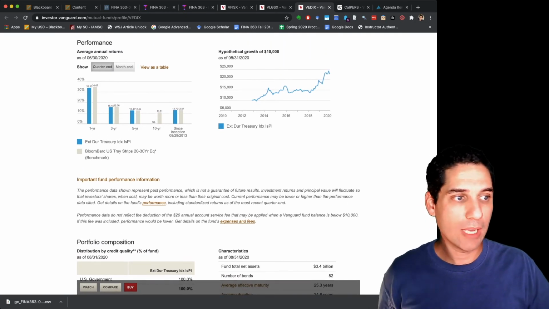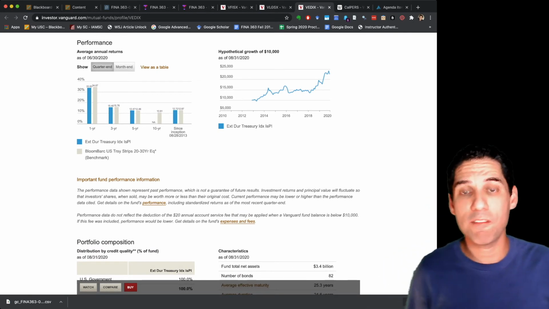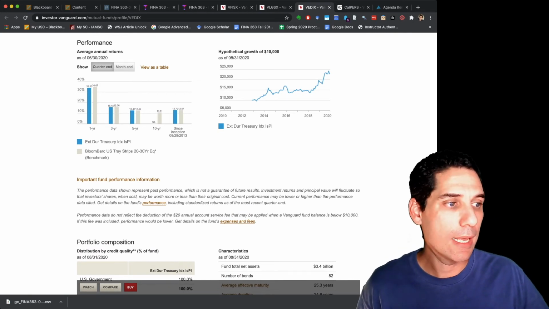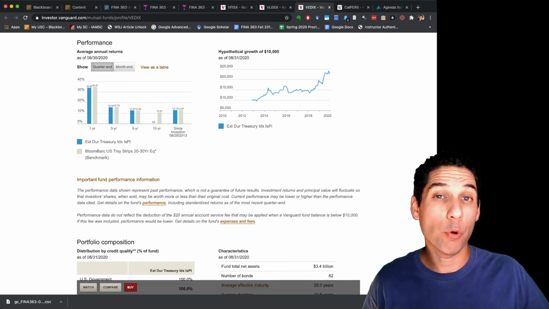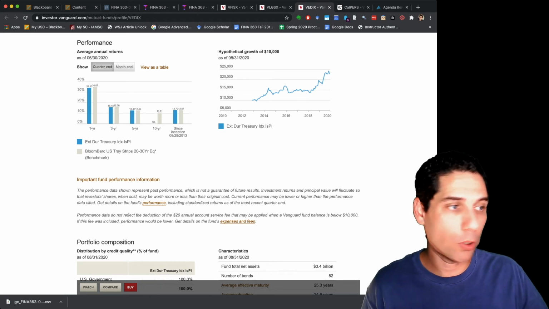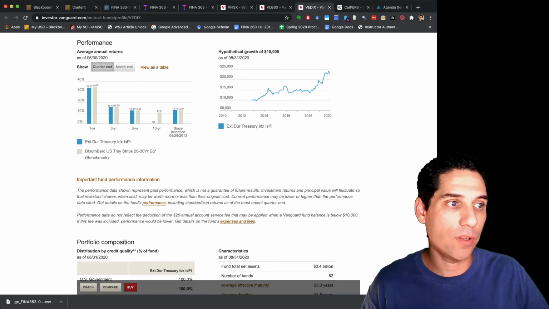So if you look at the performance of this bond fund, it's quite eye-opening. Over the last 1 year, this bond fund gained a value of 33%. So the return over the last 1 year was 34%.